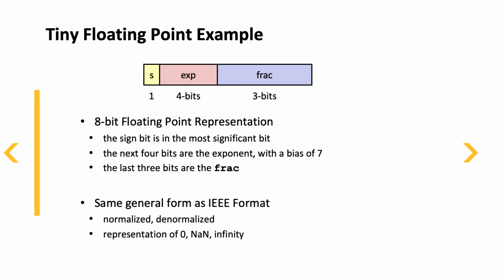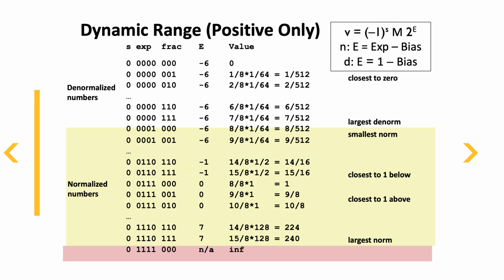So we're still going to have normalized and denormalized values, and we'll still have multiple representations of 0, not a number, and infinity. By using this smaller representation, we can take a look at the range, and this is just the positive values only, that we can represent, and we can see how these bit patterns work for us, how we recognize these things. So for our denormalized numbers at the top, what's our rule?